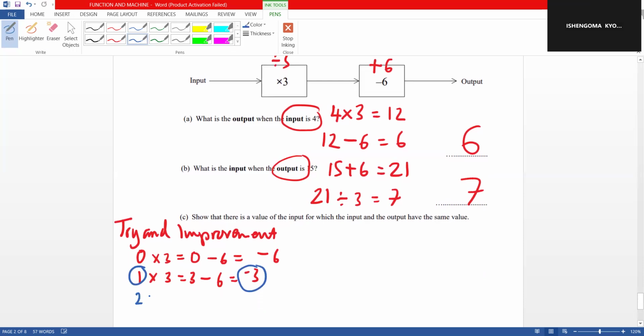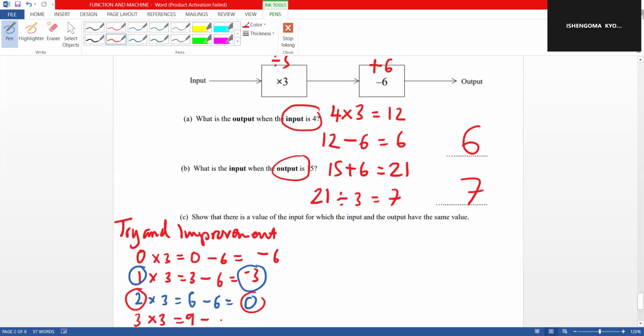If I put 2, for example, as input, and I multiply by 3, right? And I'll get 6. 6 minus 6 will give me 0. So still, my input was 2, my output is 0, right? I continue. If I put input 3, I multiply by 3, I'll get 9.